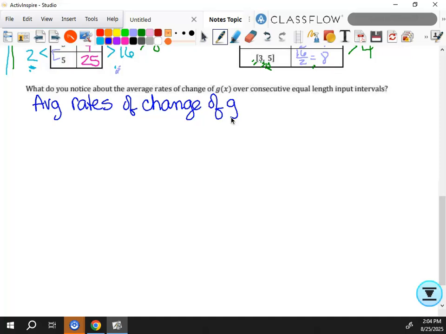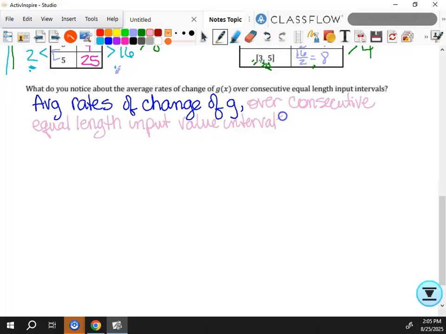Average rates of change of G. And then this is where we pause and say over consecutive equal length input value intervals of 2.